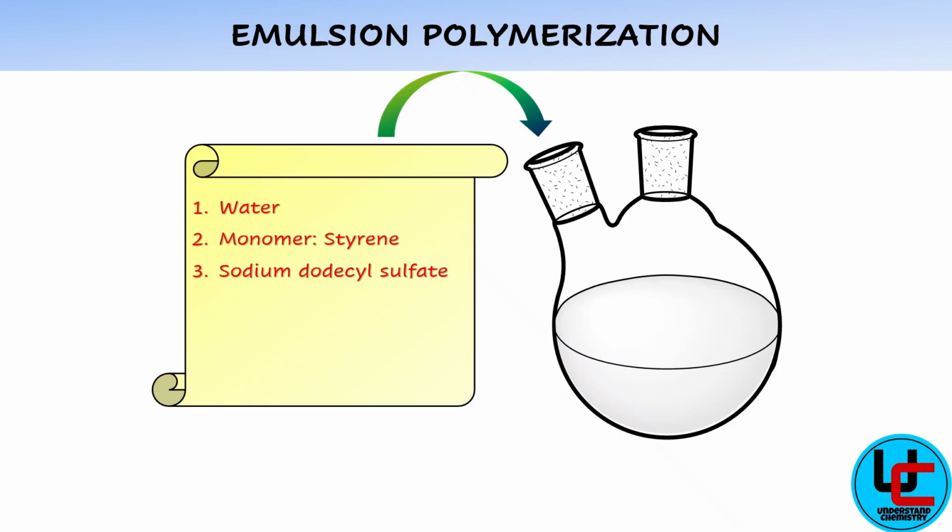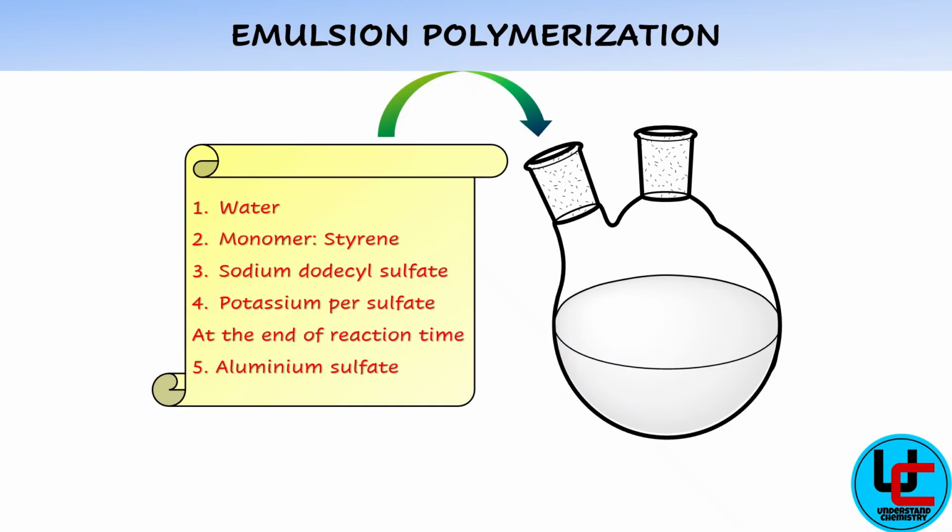Next, we introduce an initiator, which is potassium persulfate. Potassium persulfate decomposes thermally to generate sulfate radicals. These radicals initiate polymerization inside micelles or in the aqueous phase, leading to the formation of polymer particles. Finally, after the reaction is complete, aluminium sulfate may be added to coagulate or flocculate the latex, depending on the desired application or purification step.